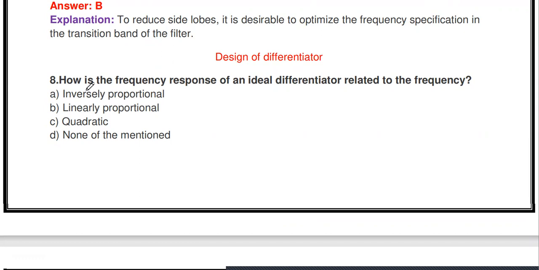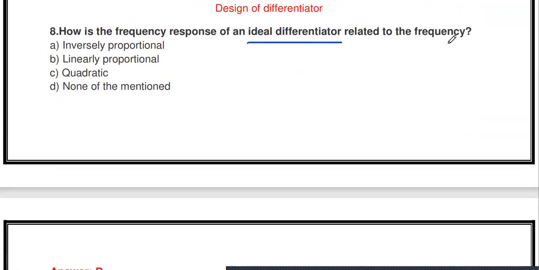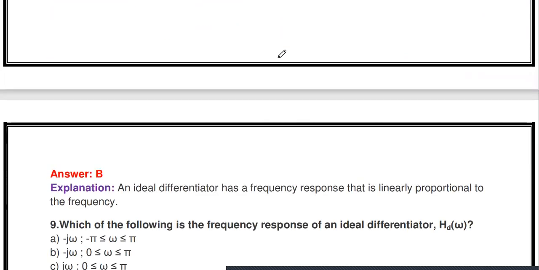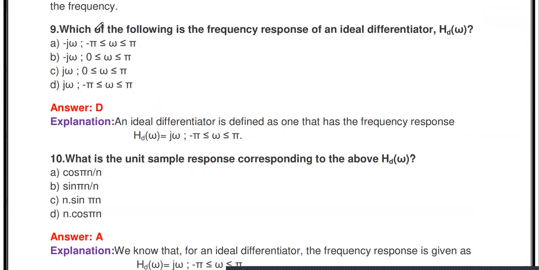So we will see the question: how is the frequency response of an ideal differentiator related to frequency? It is linearly proportional to the frequency. Then, which of the following is the frequency response of the ideal differentiator?